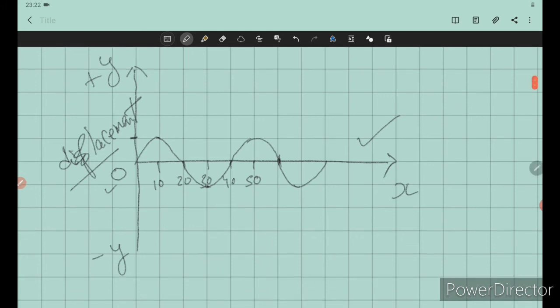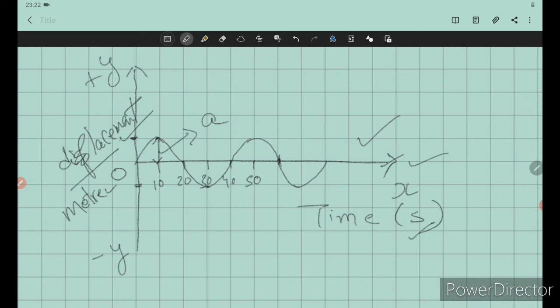Here this denotes the distance, suppose measured in meters, and this x-axis denotes time, which is measured in seconds. Here the distance between the mean position, the origin on the x-axis, to the extreme position is the amplitude A, because it is displacement along the y-axis, and along the x-axis we are measuring time.